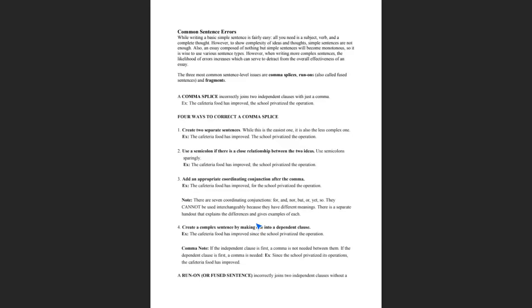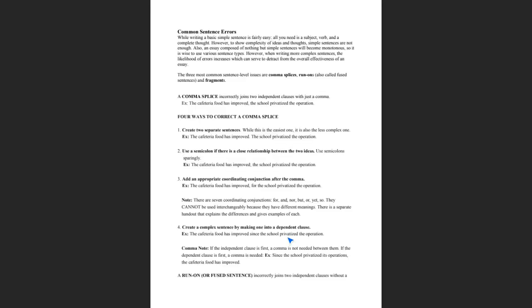The other way that you can correct a comma splice is by making one of the clauses dependent. A dependent clause will have a subject and a verb, but it is a group of words that cannot stand by itself as a sentence because it is incomplete or does not give full information.